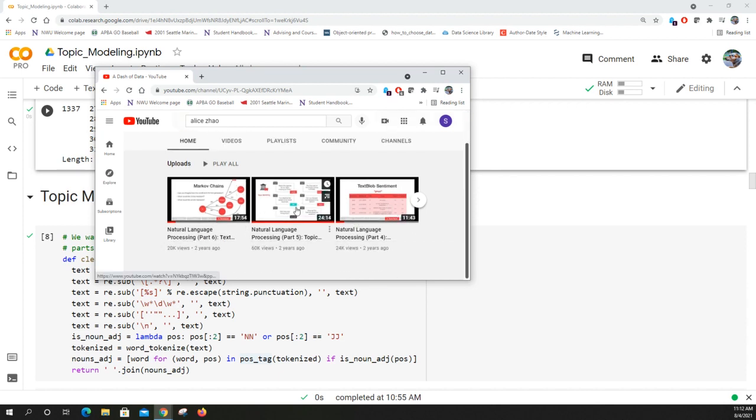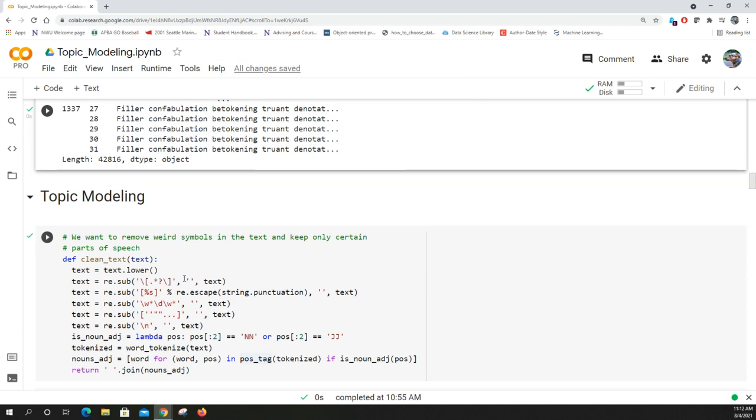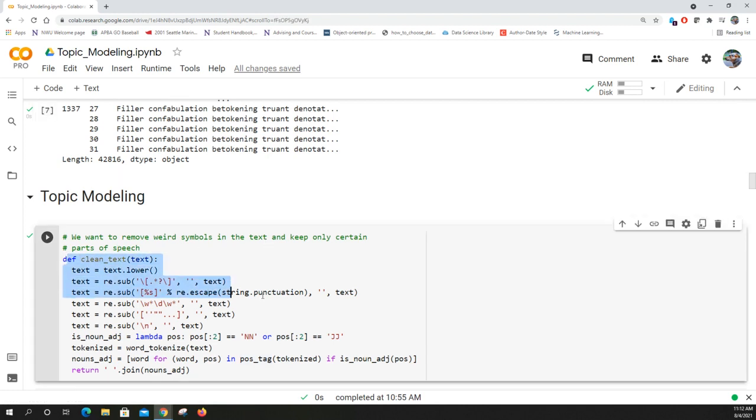The code that I'm using for this LDA algorithm comes directly from her page, and specifically this video that I'm hovering over here. I highly recommend that you go check it out. So again, credit where credit's due. The creation of the LDA algorithm and our text cleaning and preparation for using that algorithm all comes from her.